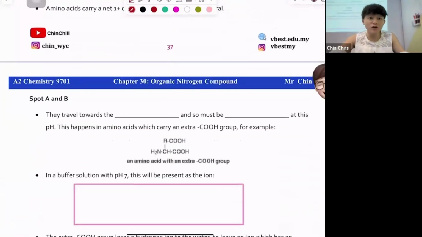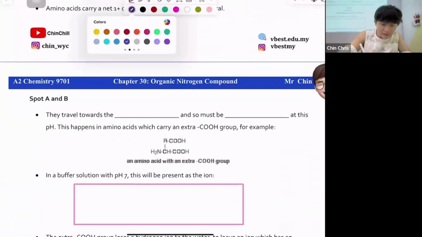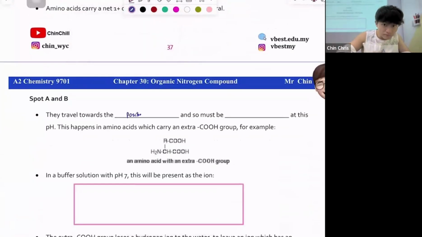All right, now again, for spot A and B, do you see that your spot A and B travel to the positive plate? Which means that they must be negatively charged.